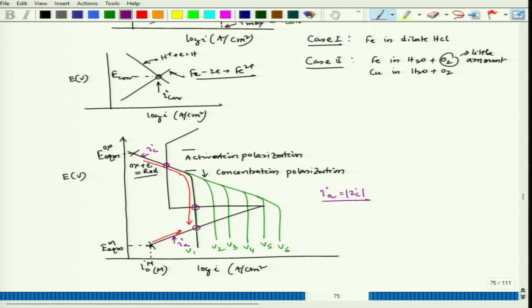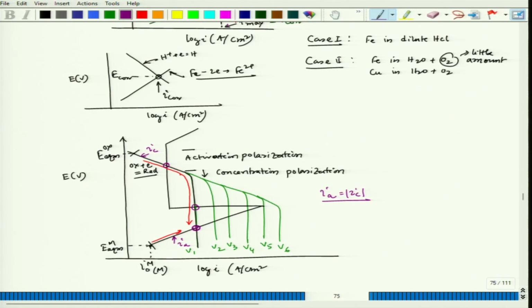But since the metal is bare, when we dip that metal in that particular electrolyte, the system will maintain the first interaction point, which is the interaction at the active dissolution portion of that active passive metal.